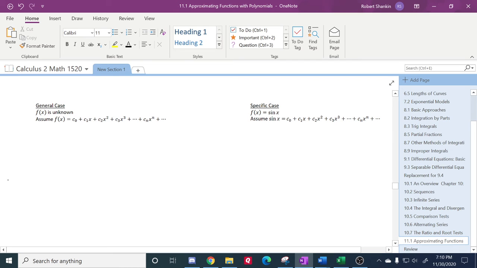but f and all its derivatives are known. In this case, at x equals 0, and over here it's also at x equals 0.